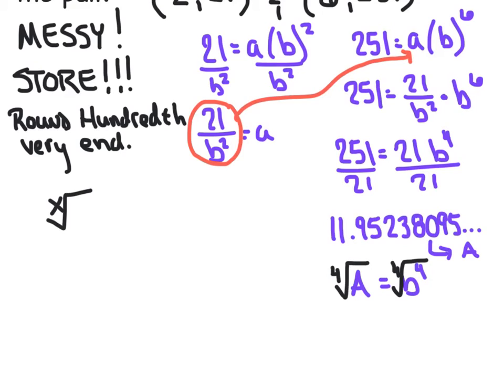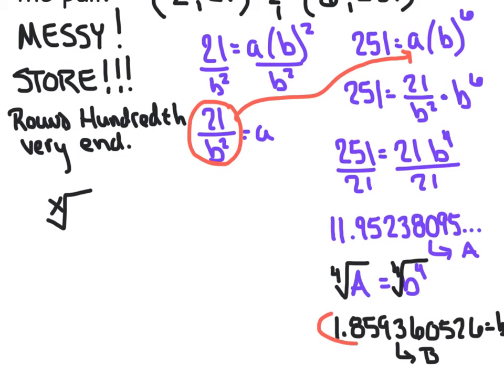Once you're back at your home screen, you can type in the little 4 for the index and then alpha A, and what you should be getting is 1.859360526, and that is the value of b. I'm going to store that as alpha B on my calculator.